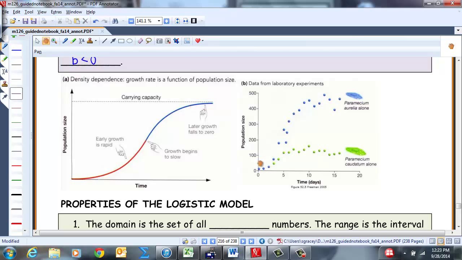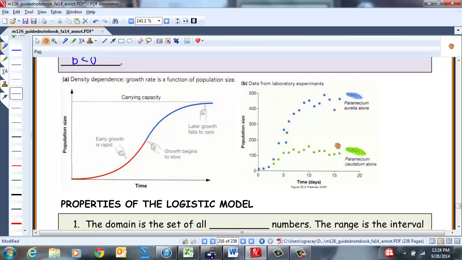This one I thought was kind of cool. I was just searching the net, and this is where you can use data to model. You can actually get an equation from data. So this one here, do you see early rapid growth, and then it changes and levels off, right? And this one over here, again, you've got sort of a logistic going on. It's really clear on the blue.